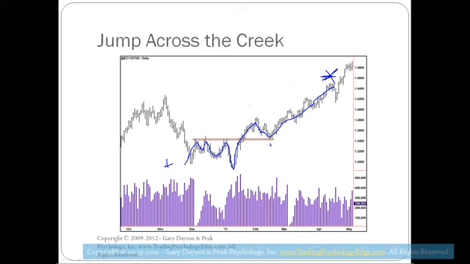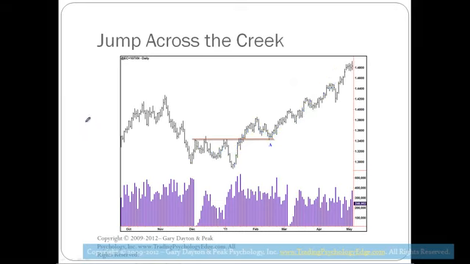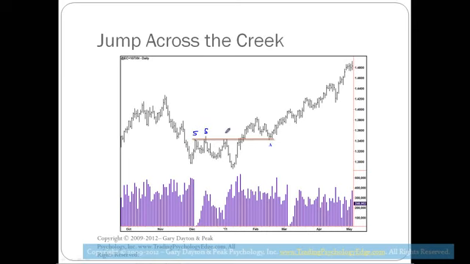And the idea of the creek here is that it's a creek of supply. This is where the market stops. We have supply here and here and here, okay? And the jump across the creek will generally look like this, where volume comes in and the spreads are larger. It's a sign of strength.